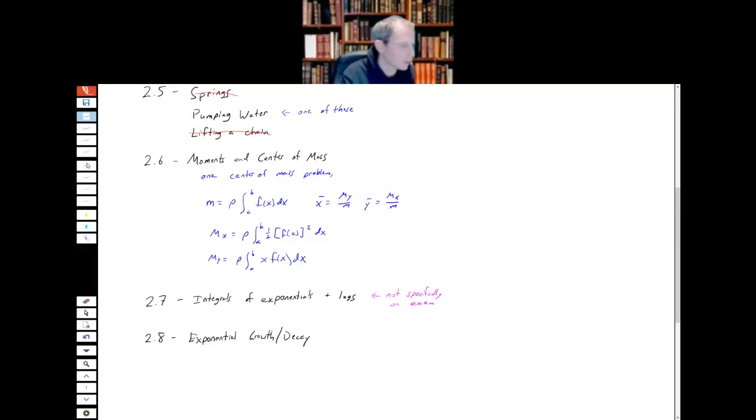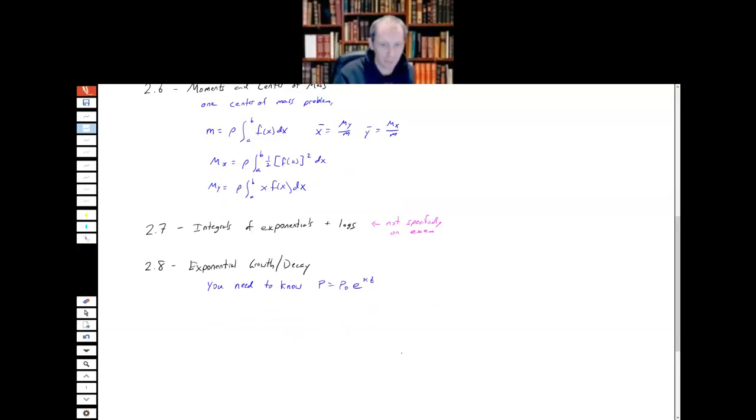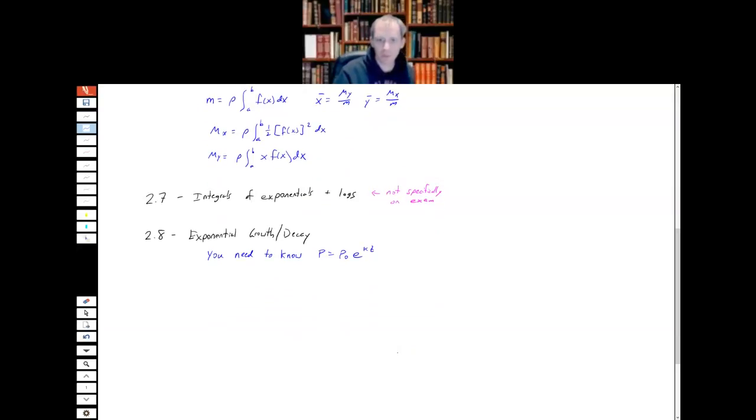And I'm not going to give you the equation: P equals P0 e to the kt, or if you use different variable names, that's fine, but you have to have the general idea of what an exponential growth function looks like.